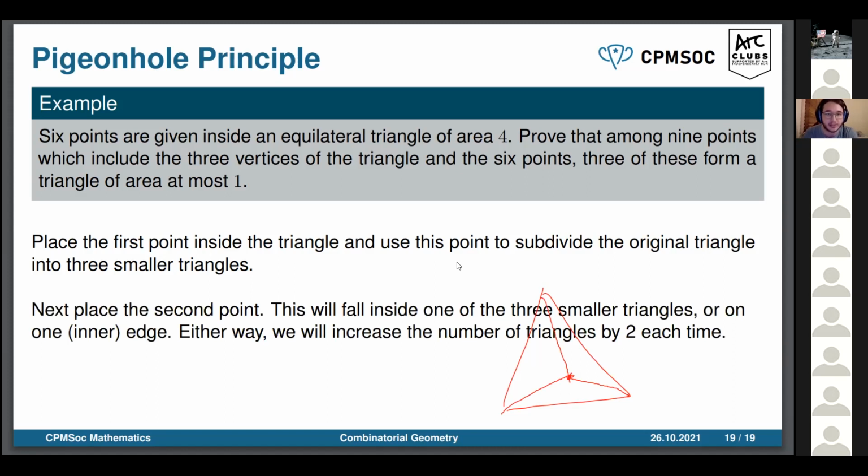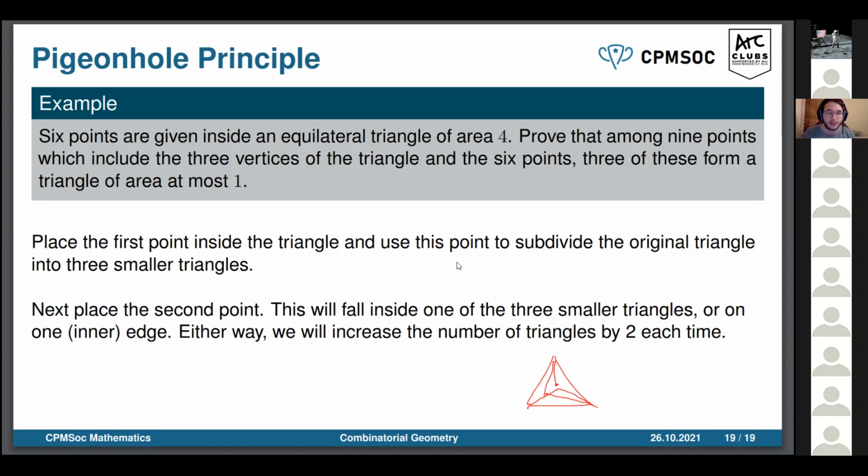So the second point, and I'll redraw this, is going to subdivide, say, if we put it here, yeah? If it was here, then we've got a smaller triangle that we can subdivide even further. And what we've done here is we've turned one larger triangle into 3 smaller triangles.